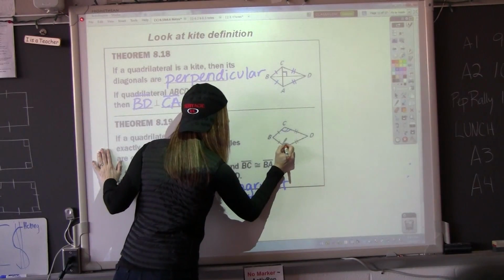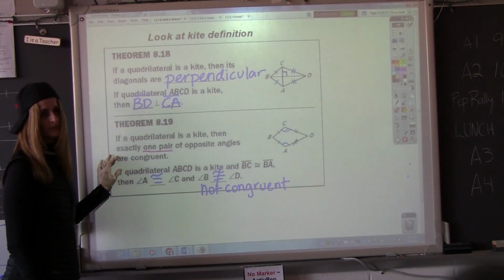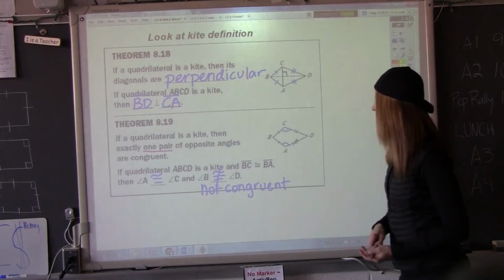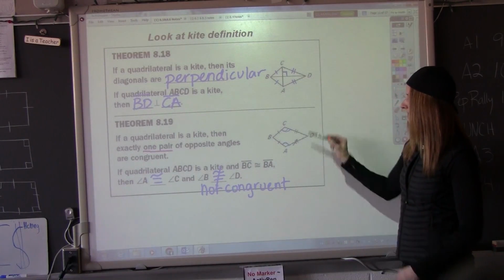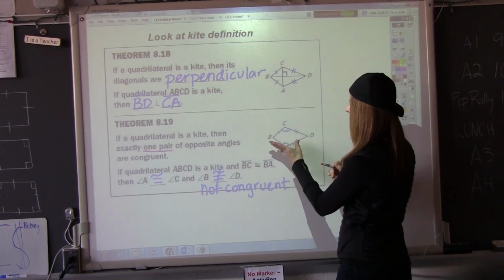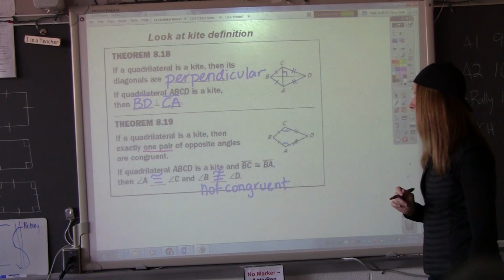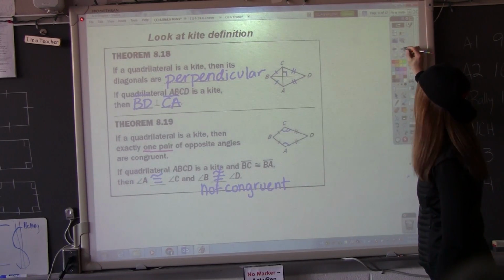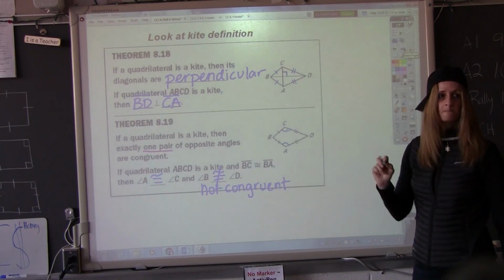One pair. Okay, another thing, that pair of angles is actually in between the sides that are not congruent. It's not really in our curriculum. Got that?